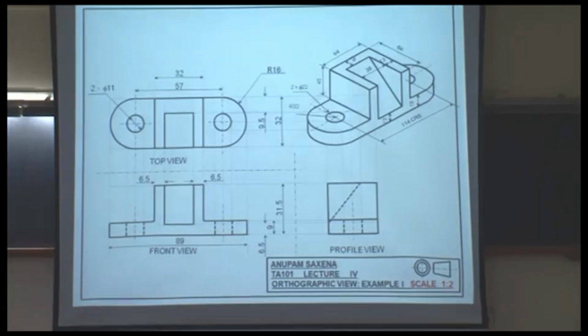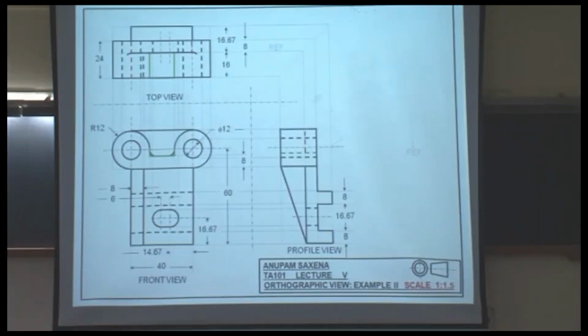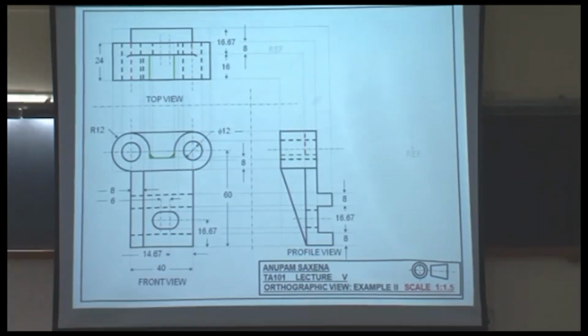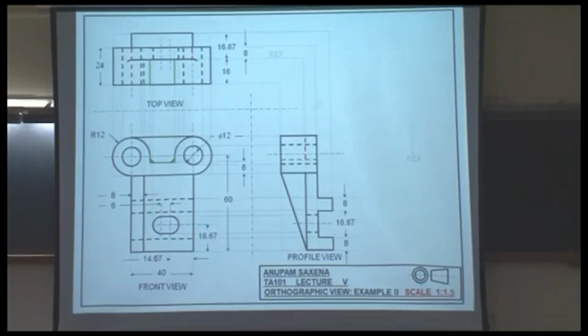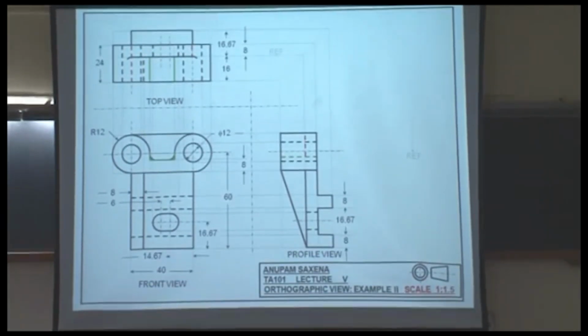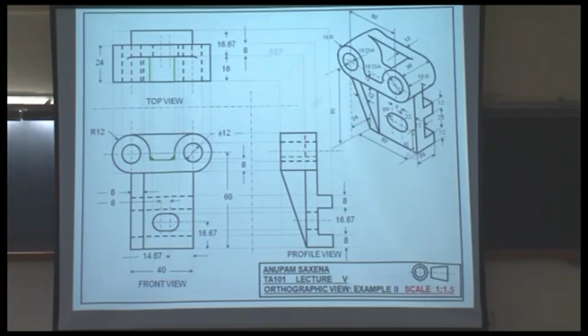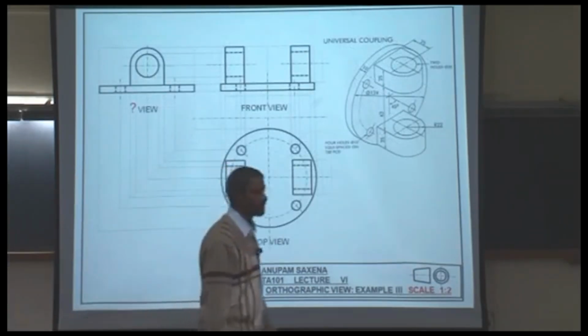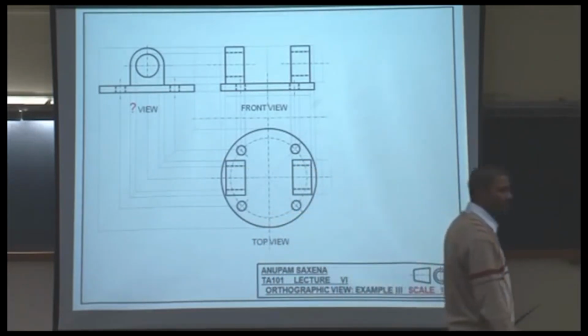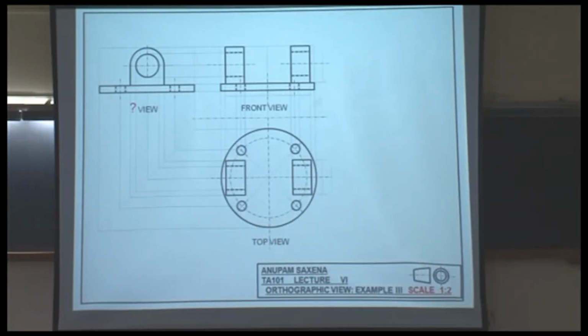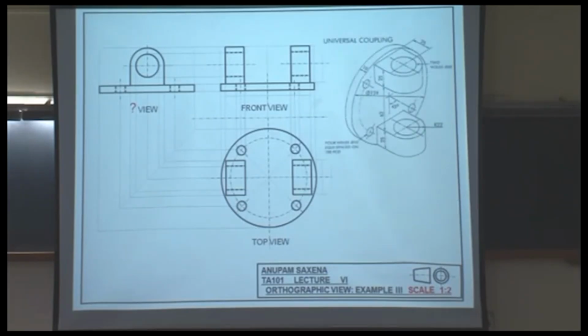Another example. What if I don't give you this? Even more difficult? But if I give you this, then you have a fairly good picture of what an object would look like. Third example. If I don't give you this, things might be a little difficult for you to interpret, but if I give you this, you are fine.